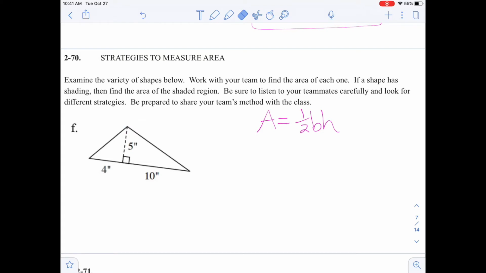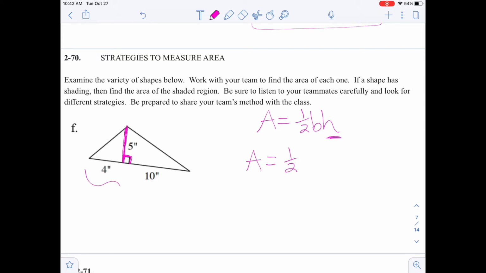But we can still figure out the height of this problem by using this 5 here. The height is always represented by a line that's perpendicular to the base. So this pink line is perpendicular to the base of the triangle, so that's going to be your height in this situation.